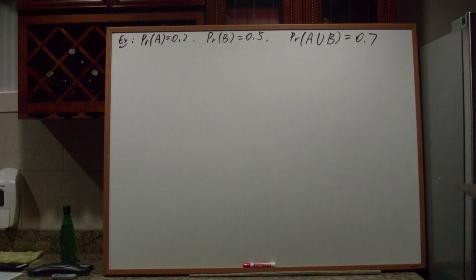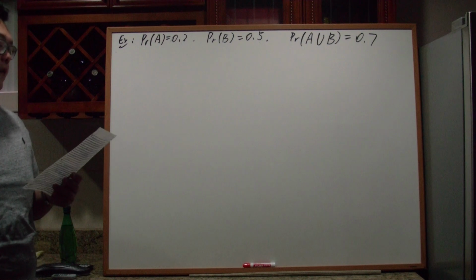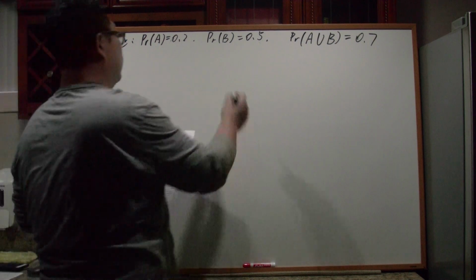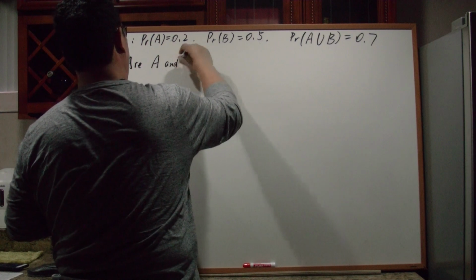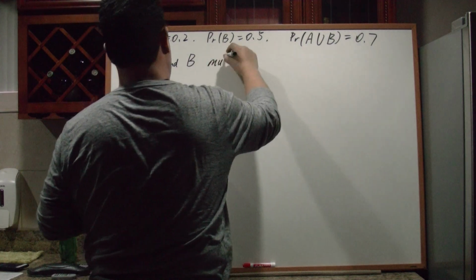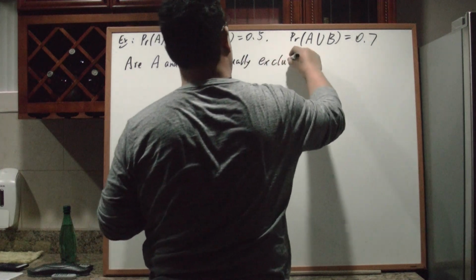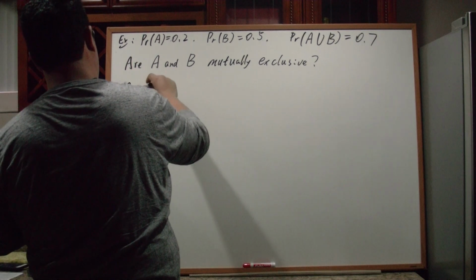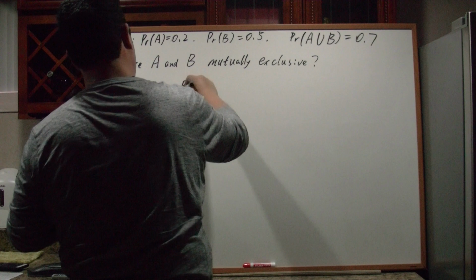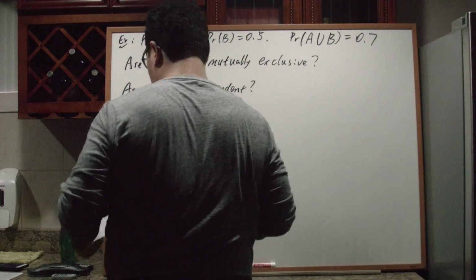Right, the probability of A is 0.2, of B is 0.5, and the union has a probability of 0.7. Asking for two things.